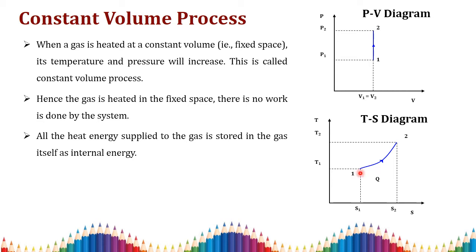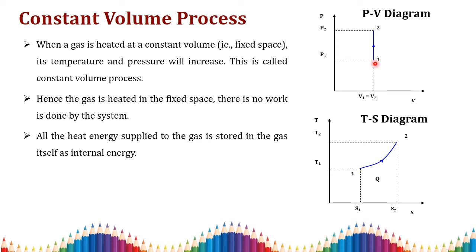Here the gas is heated in a fixed space. When we draw the plots between pressure and volume, and temperature and entropy, for constant volume we should draw a straight line. By heating in a closed system, the pressure will keep on increasing.